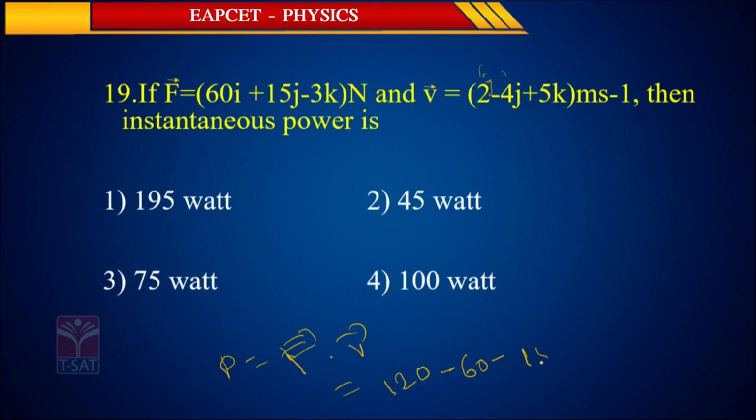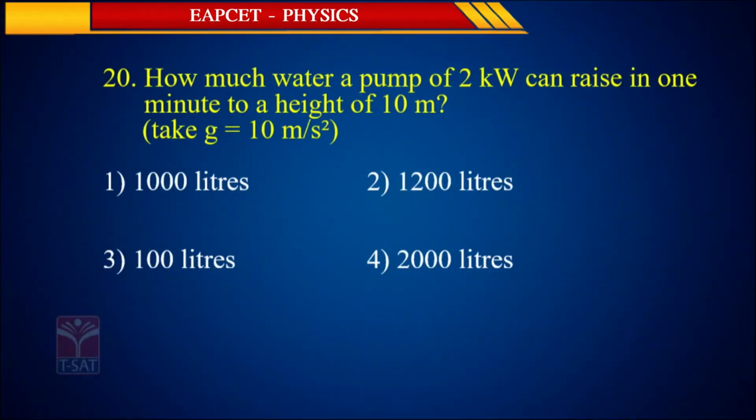Therefore 120 minus 60 minus 15 equals 45. 45 watt is the answer. Children, the power P is equal to the dot product of force and velocity. Keep that in your mind.